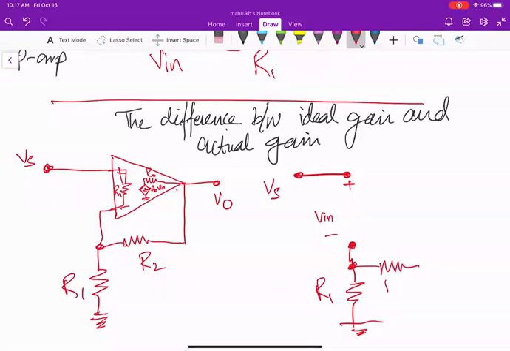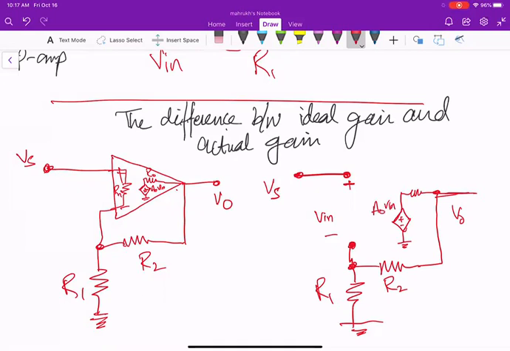This is R2. And here we have R0, and this is A0 V in.